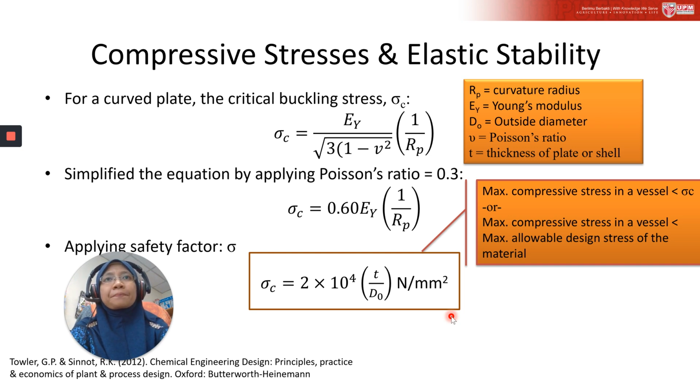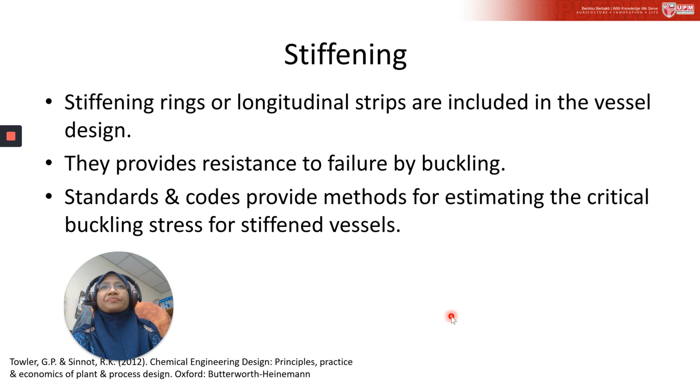Then stiffening. You have heard this term stiffening when I explained the vessel support for skirt design. Basically, stiffening rings or longitudinal strips are included in the vessel design to provide resistance to failure by buckling.